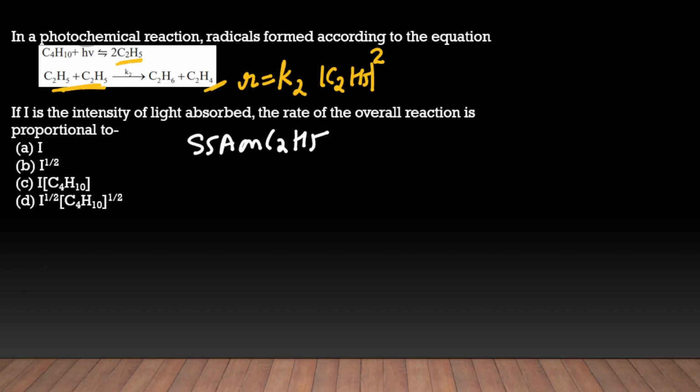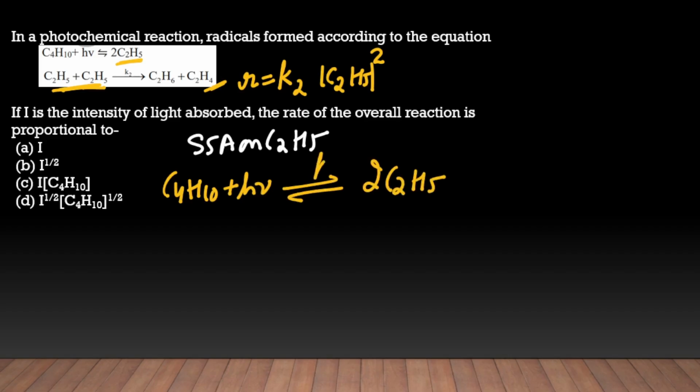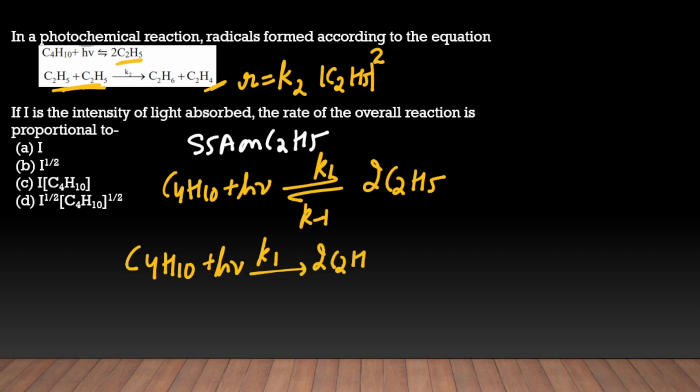So look in the equations where this C2H5 term is involved. We have C4H10 plus h nu, which is in equilibrium with 2C2H5, with rate constant K1 and K inverse. Here I can break this equation like this: C4H10 plus h nu with rate constant K1 gives us 2C2H5.